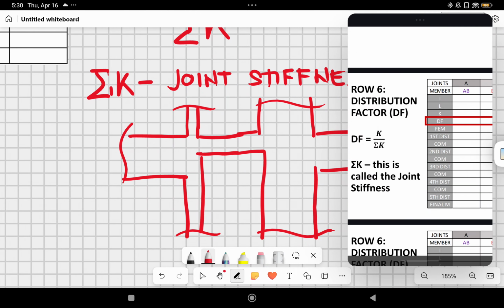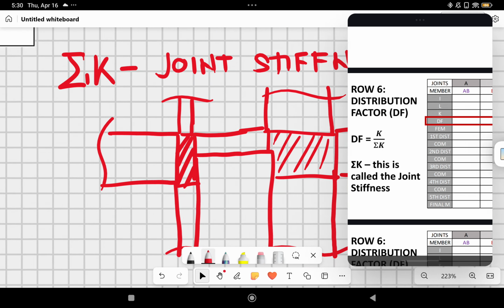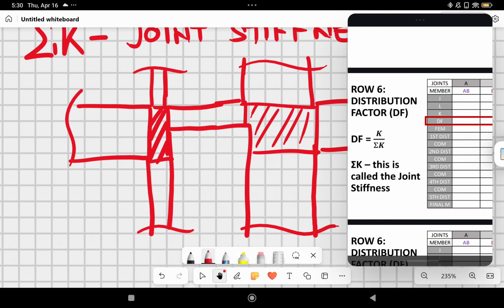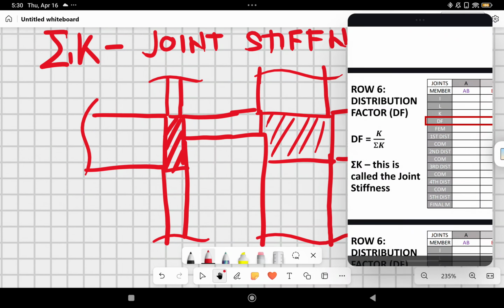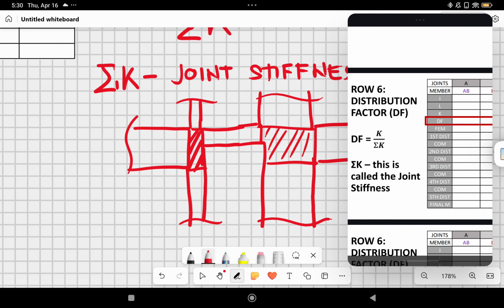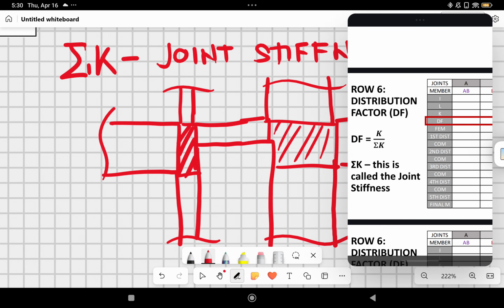So this joint, ito yung joint mo yan. Itong connection point natin, itong region na to. Dito naman, itong region na to. So how much is the joint? Paano natin na-determine gaano ka-stiff yung joint? I-determine natin gaano ka-stiff yung joint based sa mga nakakonekta sa kanya.